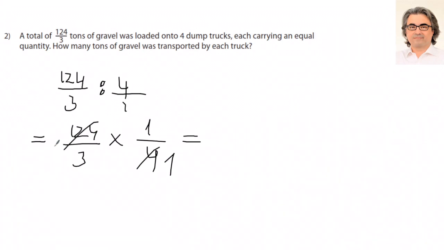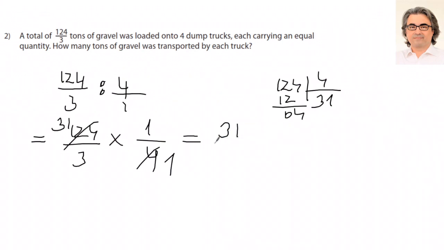What about this one? 124 over 4. 3 times 4 is 12. In 4 I have only one 4. So 31. And final result, 31 times 1 is 31 over 3 times 1 is 3.